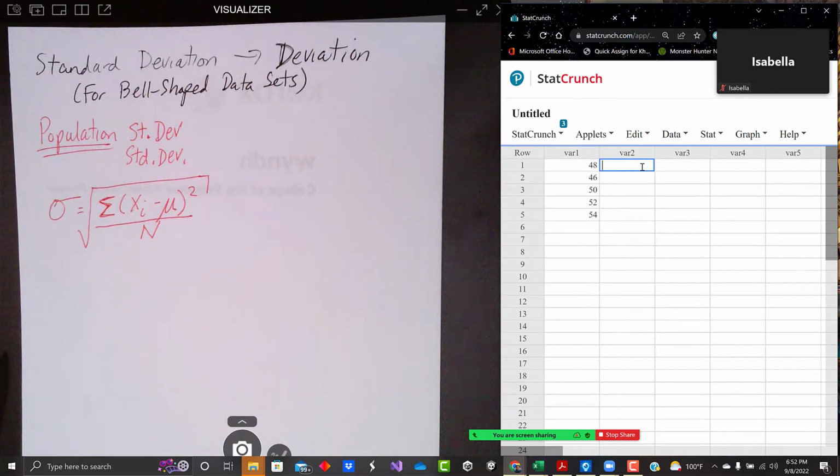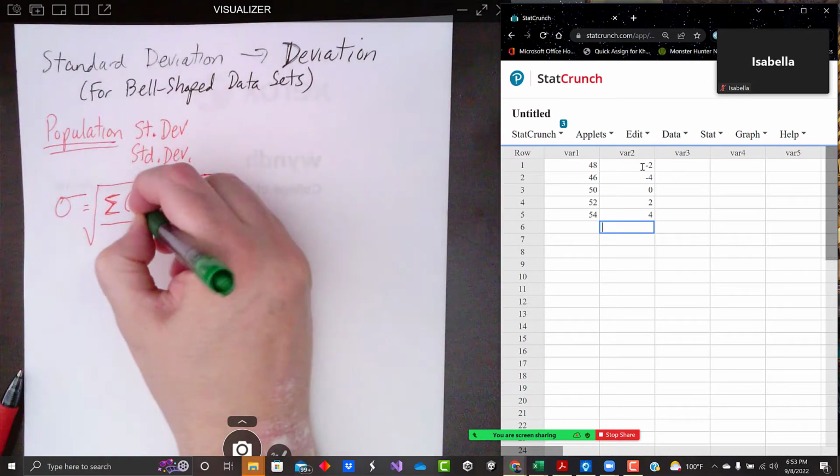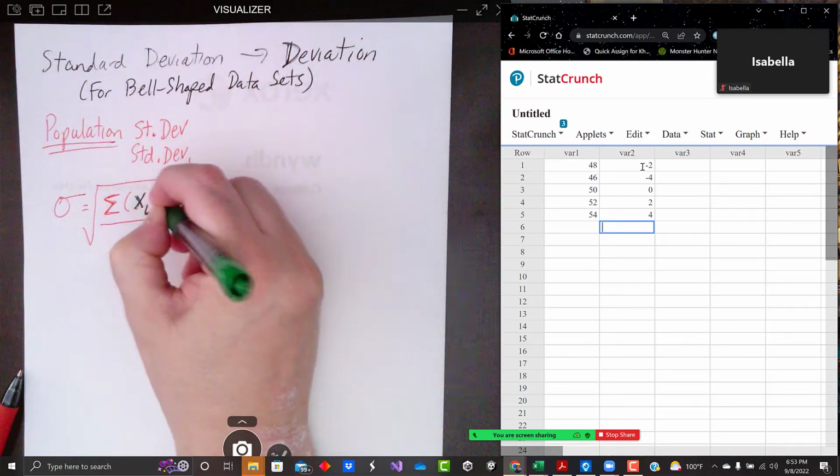So then for each row, I take the number in the row and I subtract the mean. 48 minus 50 is negative 2. 46 minus 50 is negative 4. 50 minus 50 is 0. 52 minus 50 is 2. And 54 minus 50 is 4. That was doing this part right here. x i minus mu.